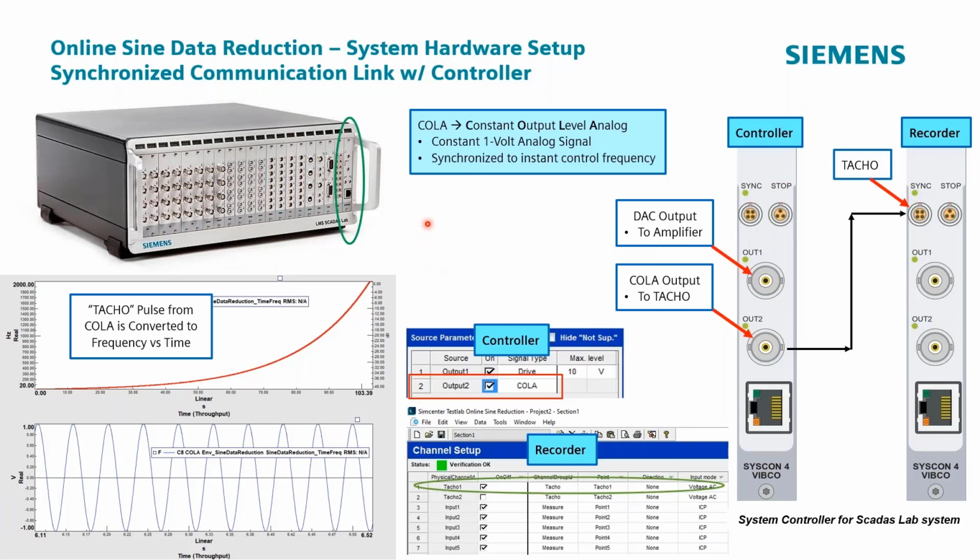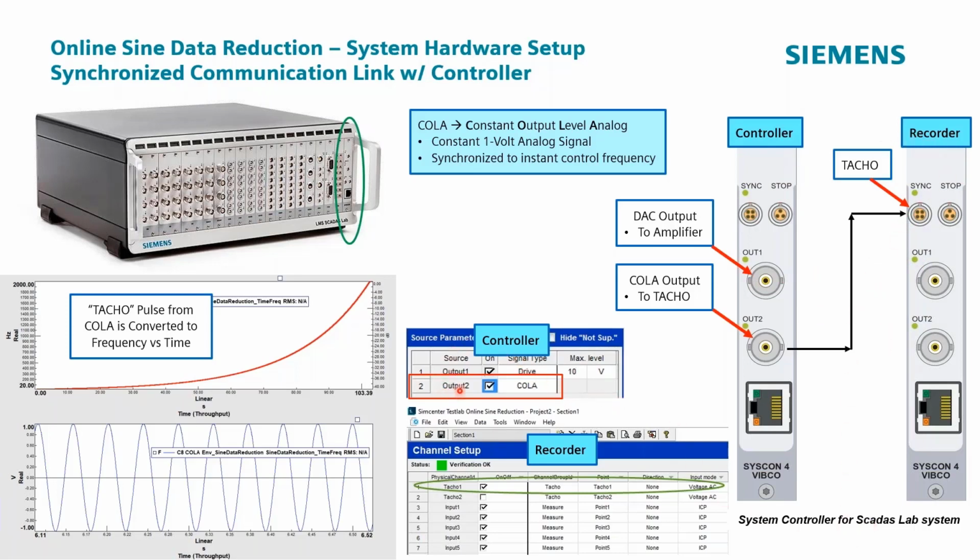So with the harmonic estimator, you need to know what frequency you're driving the shaker at to be able to suppress the harmonics. Otherwise, you're just guessing, right? So this is how the recorder knows what the controller's doing with this tacho. And that's all you need to do to synchronize controller and recorder with the SCADAS system.